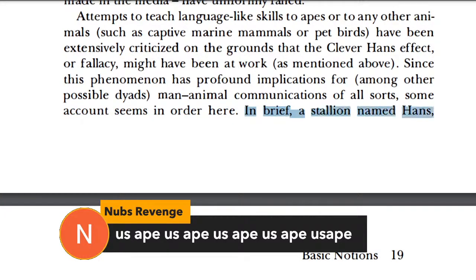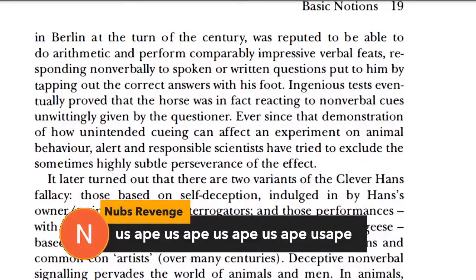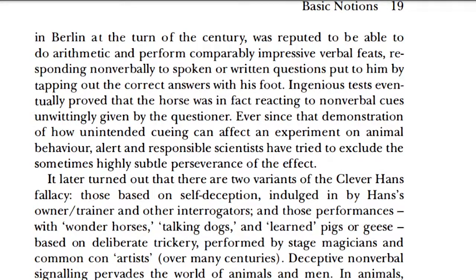In brief, a stallion named Hans in Berlin at the turn of the century was reputed to be able to do arithmetic and perform comparably impressive verbal feats, responding non-verbally to spoken or written questions put to him by tapping out the correct answers with his foot.